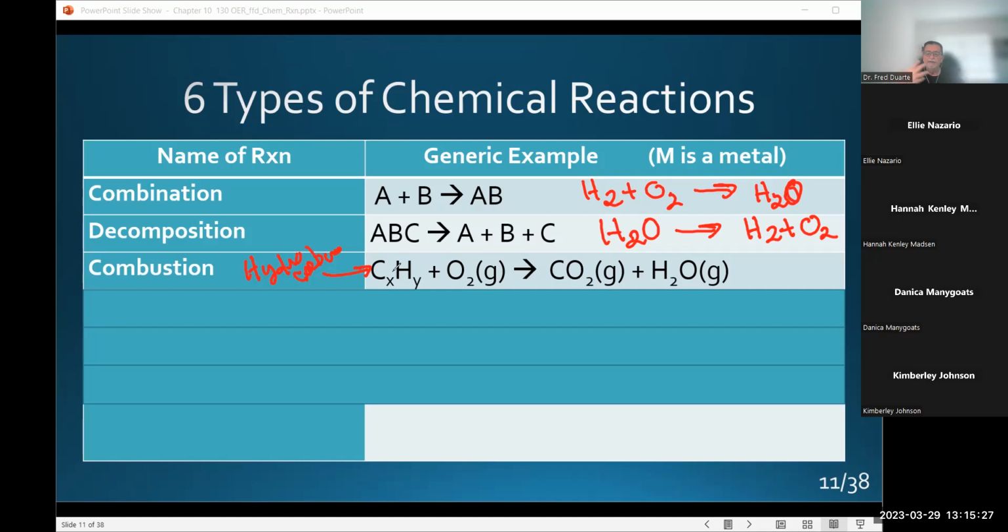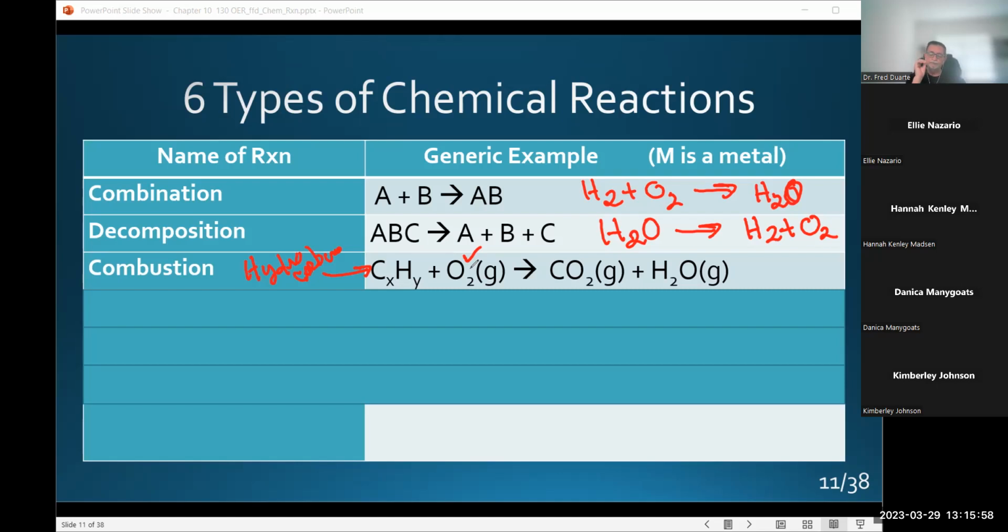Now, for anything to combust, we require oxygen. So oxygen is always a reactant, okay? So it could be worded: write the reaction for the combustion of methane, or CH4. Well, we know that you need oxygen, so oxygen has to be a reactant.